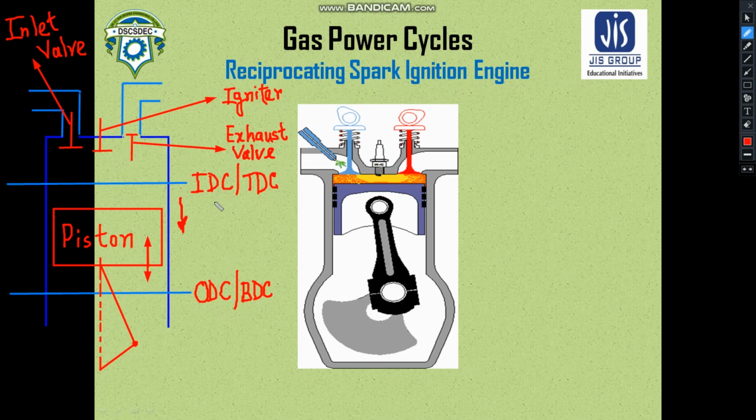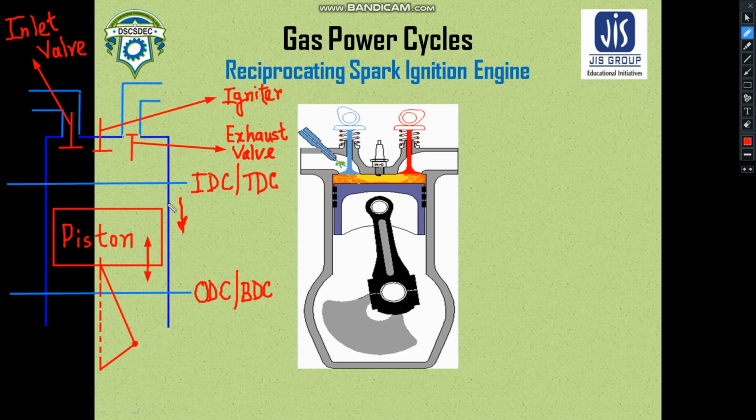IDC and ODC can be used for all possible engines, whereas the concept of TDC and BDC can only be used for vertical engines. Okay, so the piston moves between the IDC and ODC.